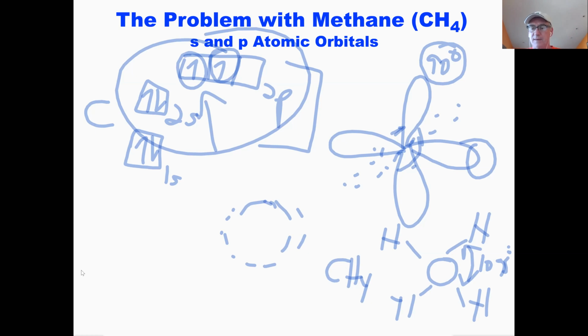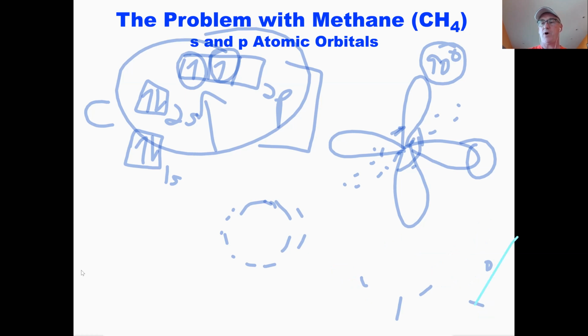I don't really understand the problem. Oh, the problem is I have my carbon has 4 bonding electrons. 2 of them are in this sphere in the s orbital. So 2 of them are here, and 2 of them are here at 90 degree angles from each other.